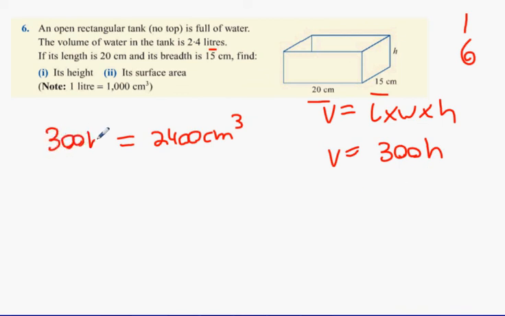Yep, indeed. And then 300h equals 2400. So what happens when you divide by 300? What do you get? 8. 8 what? It's a length. Height is a length only, so it's just centimeters. Everybody all right with that? Okay.